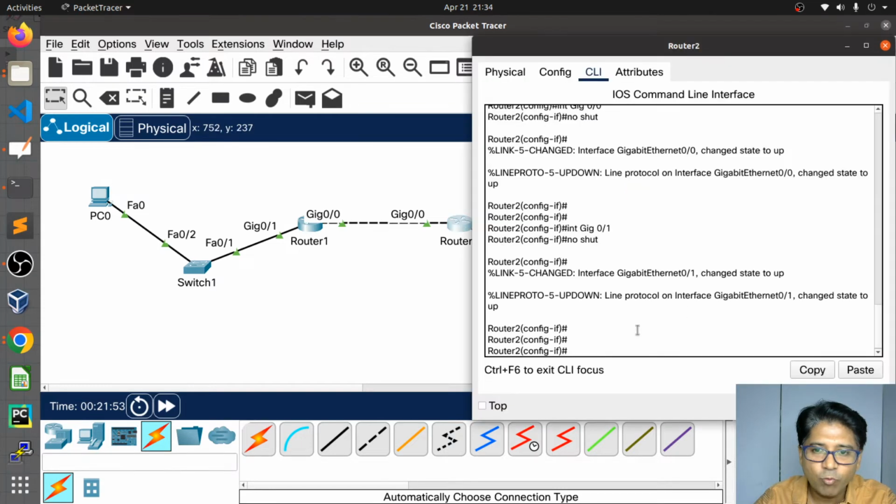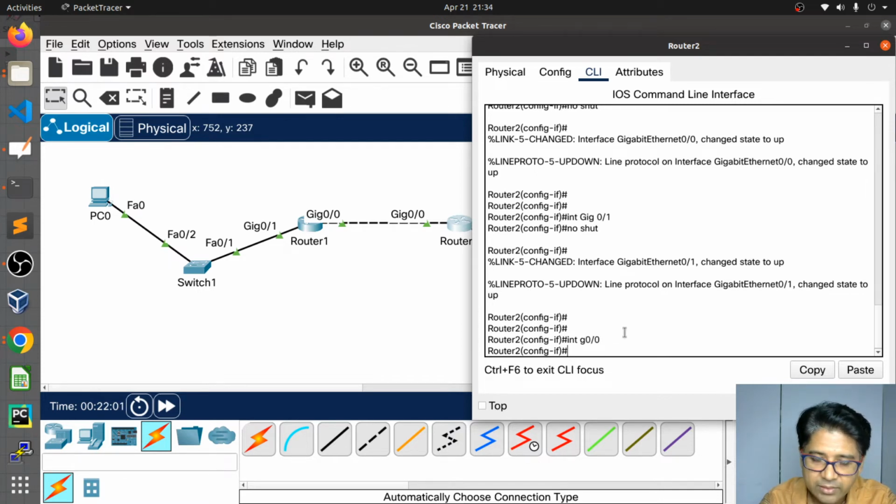Same way we will go to the interface on router 2, gig 0/0, and then the IP address for the WAN interface will be 10.0.12.2, because this is router 2.